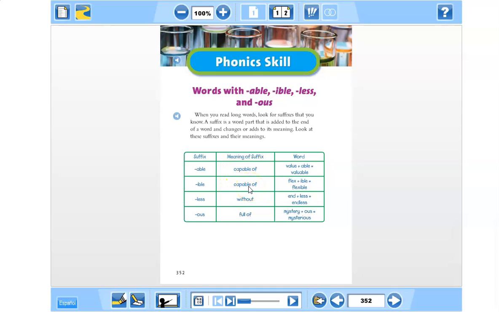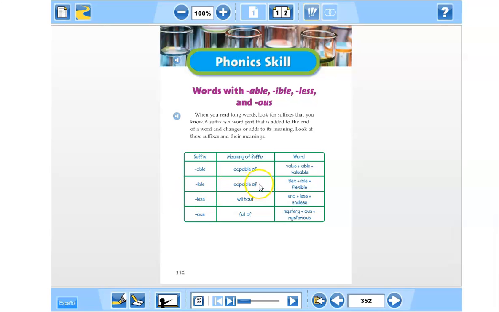So when you're listening to a spelling word, you really want to listen for if it's an able or an ible at the end. So we have valuable, which is value, the root word. Then you add the suffix able, and you come up with valuable. You're going to notice that they dropped the E on value before they added the able.